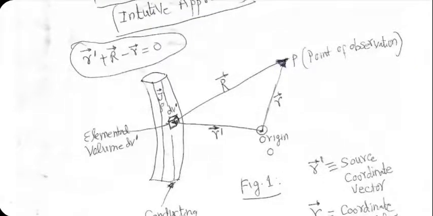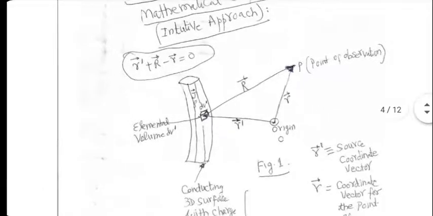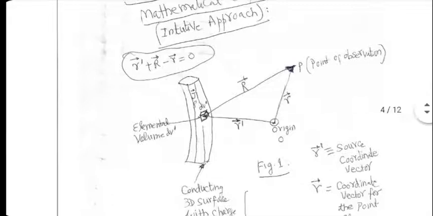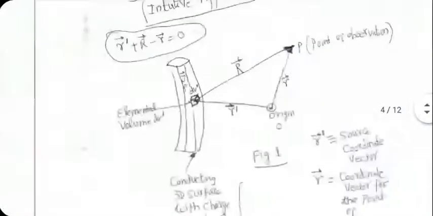The point of observation P is at a distance from the origin, denoted vectorially by small r. It's basically the position vector of P. The direct distance between source and point of observation will be denoted by capital R. This is also a vector in general.